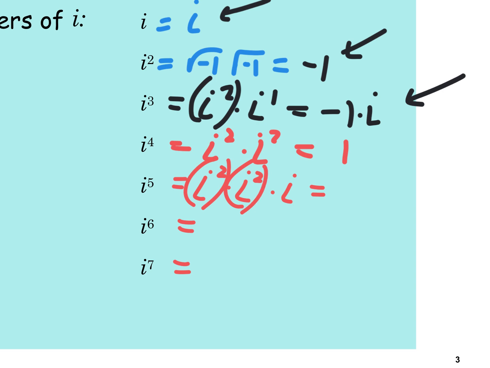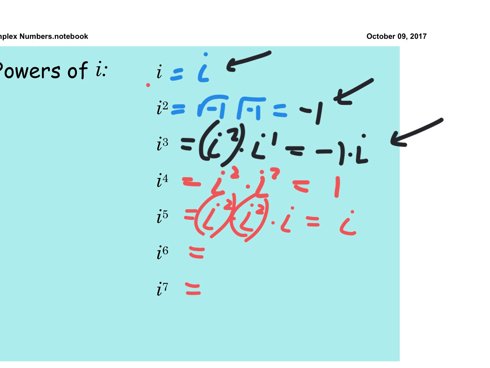-1, which makes 1. I. Wait a minute. Didn't we have that answer before? We had an I the first time we did it. I was I, of course. And then the I to the 5th is also I. But in my opinion, don't just try to memorize this. But it is a repeating cycle. I noticed it. I think Liam noticed that.